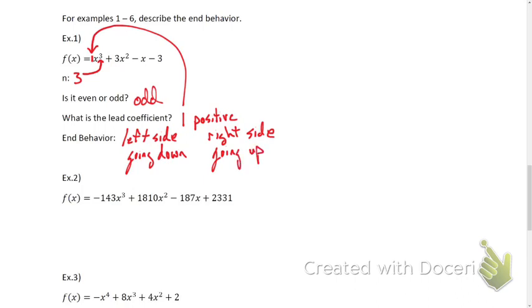On number 2, we still have a 3rd degree polynomial. The lead coefficient is a big number, a negative number. Whoops, negative 143, which is negative, obviously. So that means on the left side it's going up.